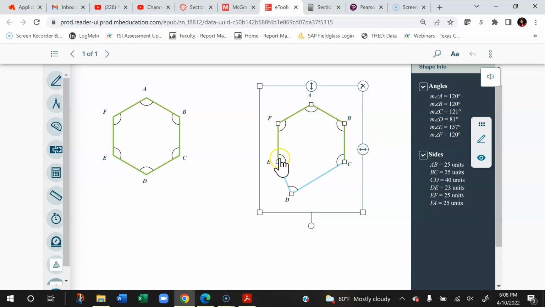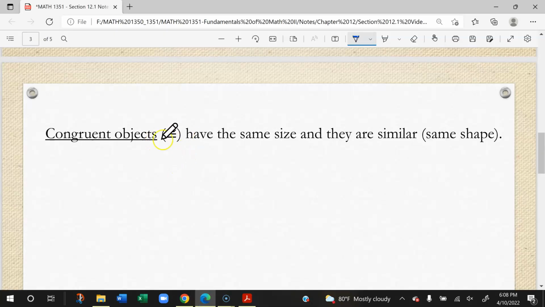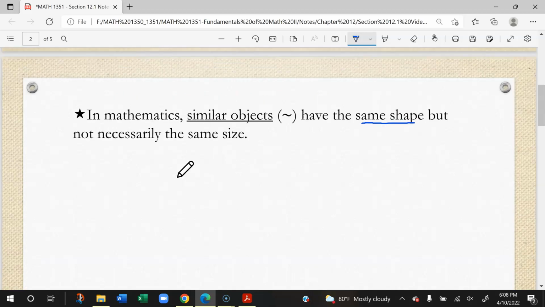So in order to be congruent, and recall, congruent means it has the equals with the squiggly line above it. Congruent means they're the exact same thing, equal to each other, okay? And so it has the equal sign, then they have to have the exact same values. Otherwise, as long as they have the same shape, they are similar objects. And that's going to be the big difference there.